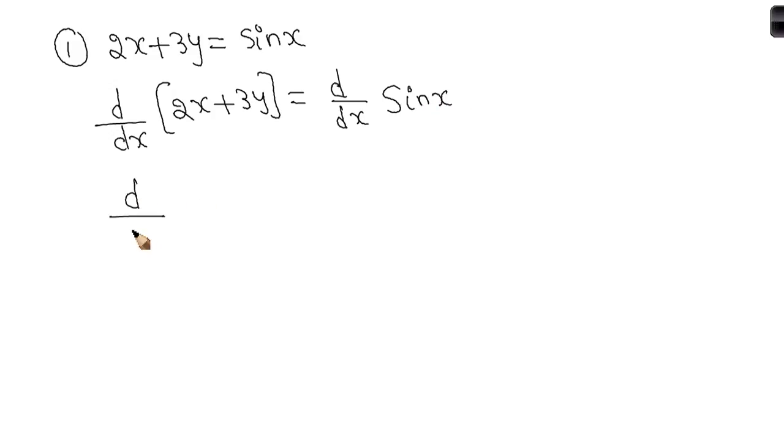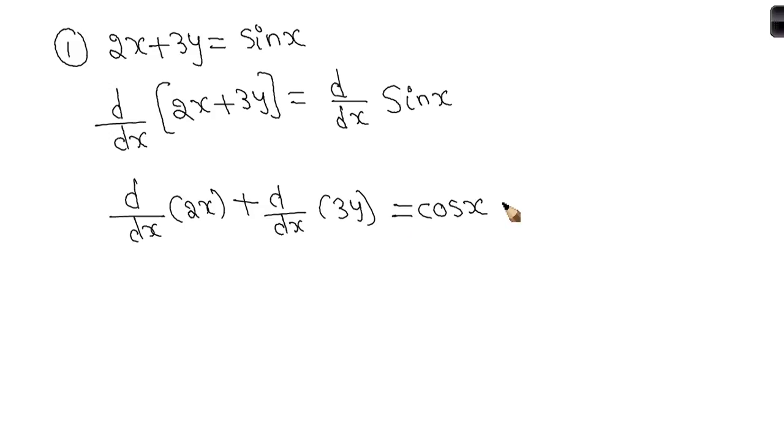So if I expand, d by dx of 2x plus d by dx of 3y is equal to derivative of sin x, which we know is cos x. Derivative of 2x is 2 plus derivative of 3y is 3 times dy by dx is equal to cos x.